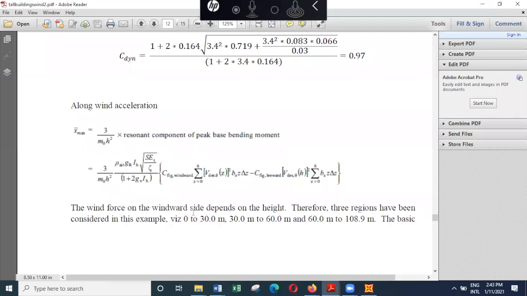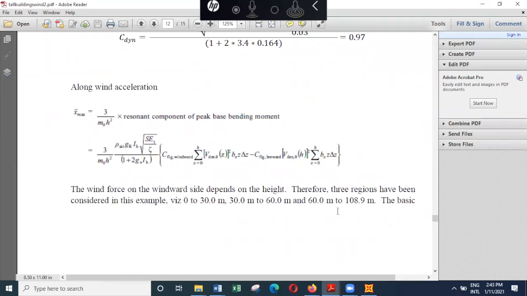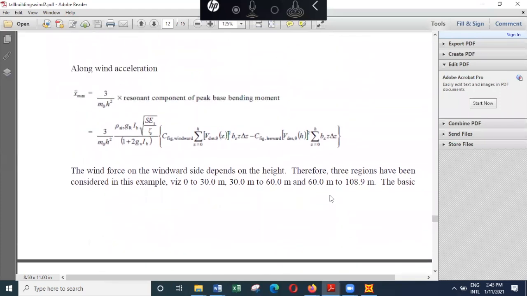Wind force on the windward side depends on the height. Now here you can see we have an equation to determine this component, the peak base moment.